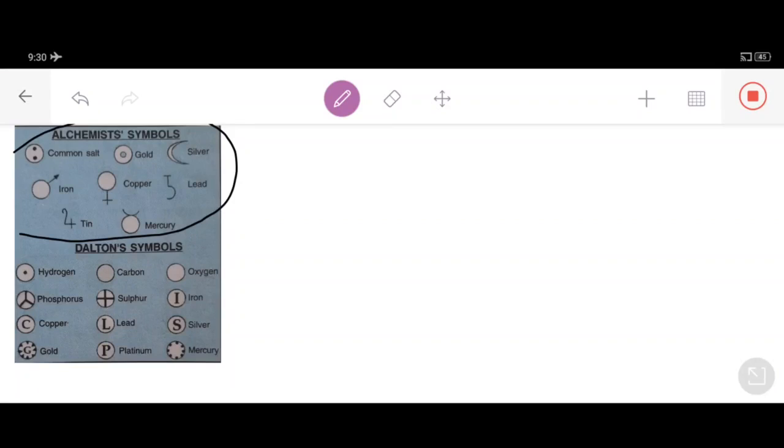Coming to today's topic, we are going to discuss Dalton symbols. Firstly, you should keep in your minds that every single element in the periodic table is represented by its respective symbol.